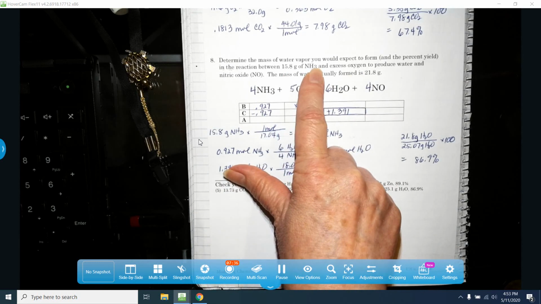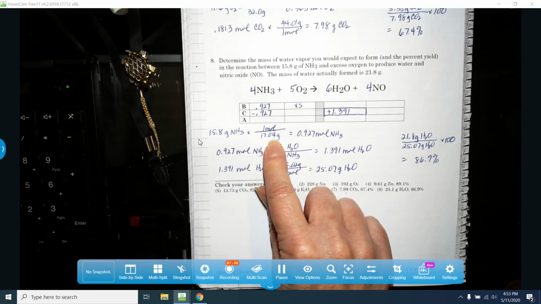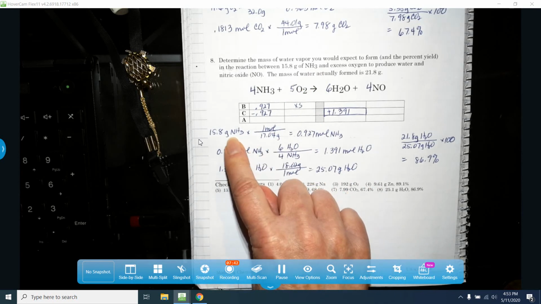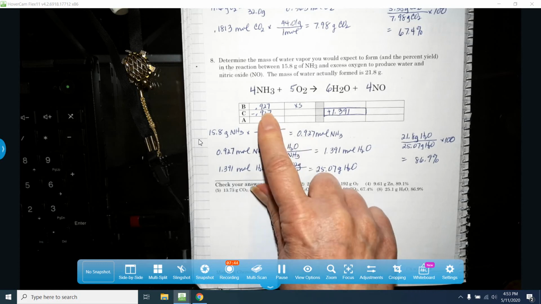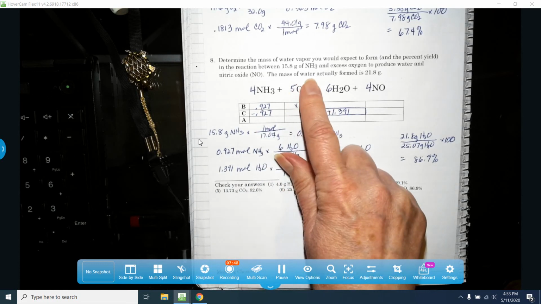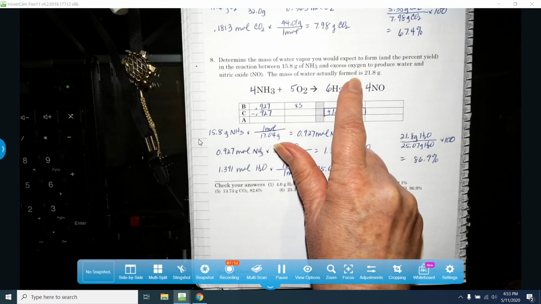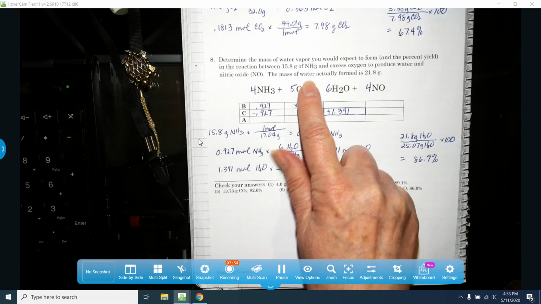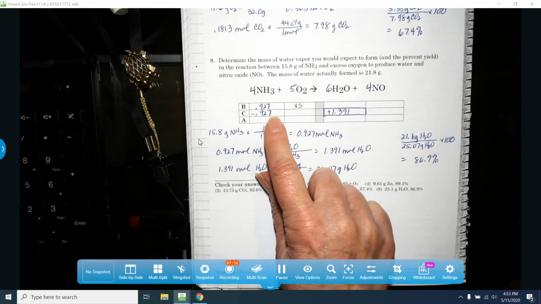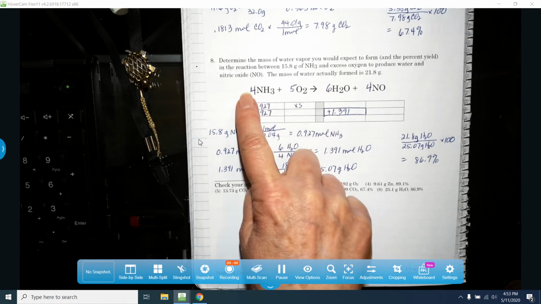15.8 grams of ammonia. We take that, this is grams, and we change it into moles. There we go. Okay, and then the mass of water actually formed is that. So we're trying to find the theoretical amount of water that's going to be formed. So then we do the mole ratio 6:4, right?